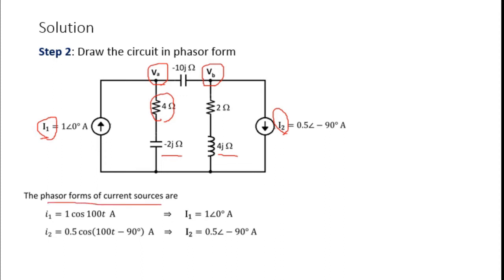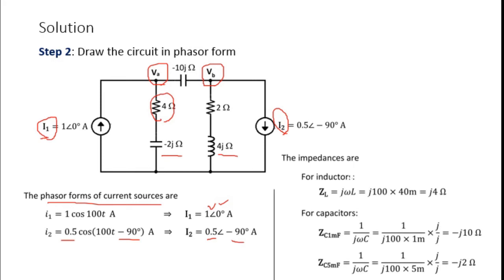We have this I1. So the Phasor value for I1 is the magnitude of 1 and the angle is 0 degrees. Whereas for the I2, you have the magnitude of 0.5 and the angle of minus 90 degrees. Whereas for the impedance, as I mentioned before, the inductor will become j4 when you substitute the value.